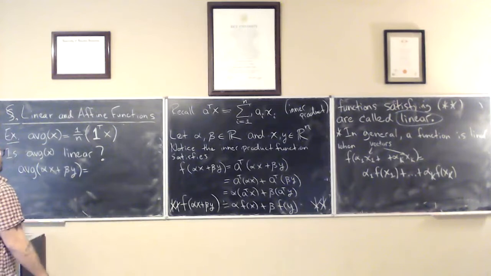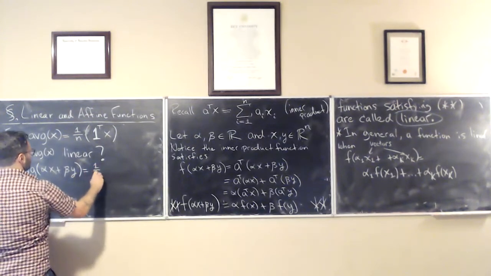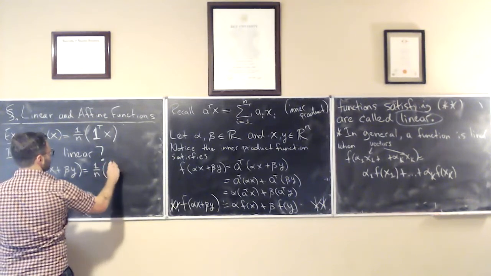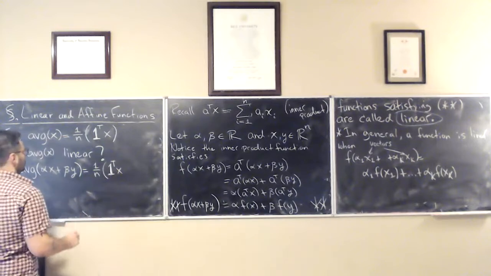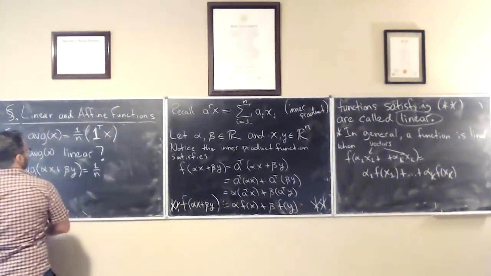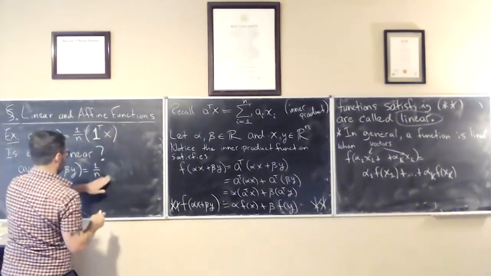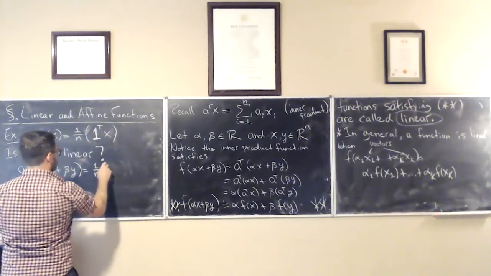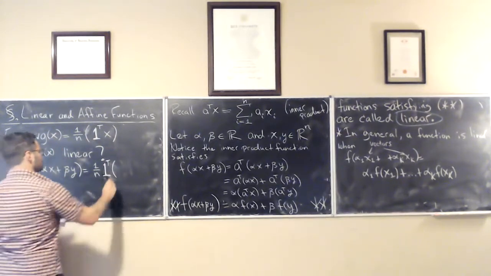So this is going to be 1 over n times the one vector times x. Maybe I should write it like there. So the one vector times the input, whatever the input is, this.